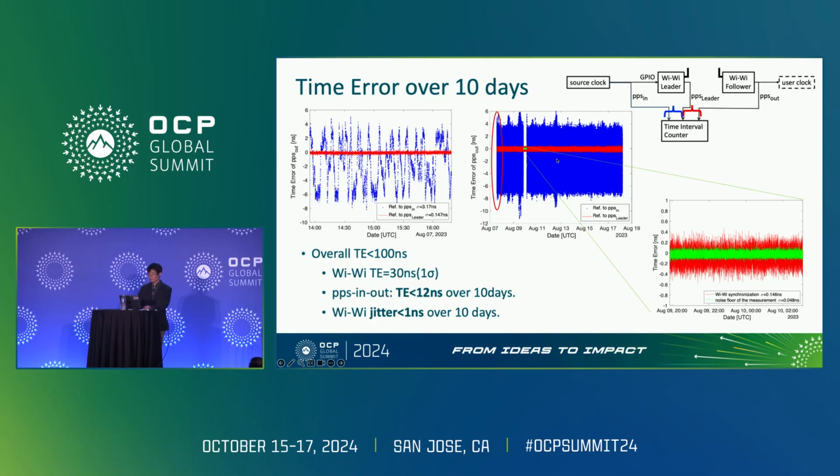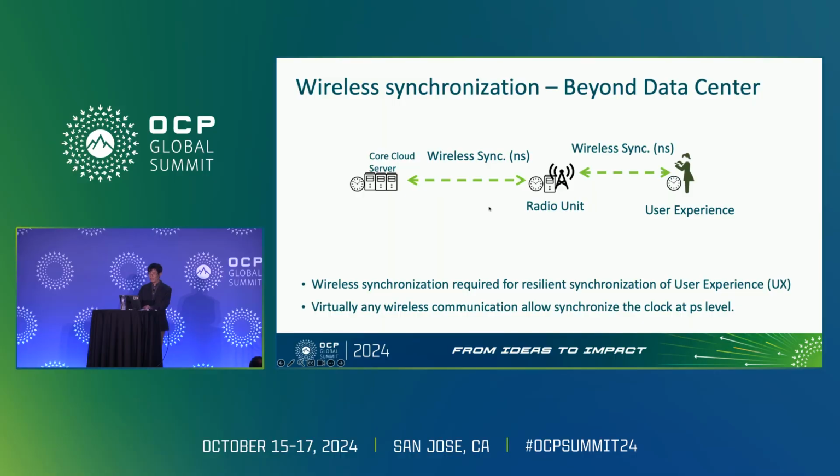But the YY connection synchronization itself is good to a nanosecond over 10 days, and aligning or disciplining the YY leader clock to the external GNSS clock part has more noise. So this is the talk.